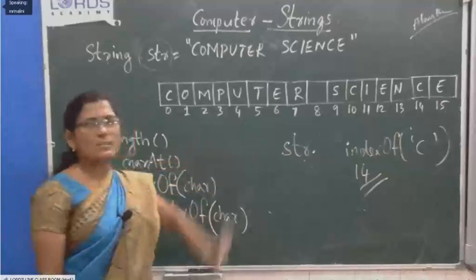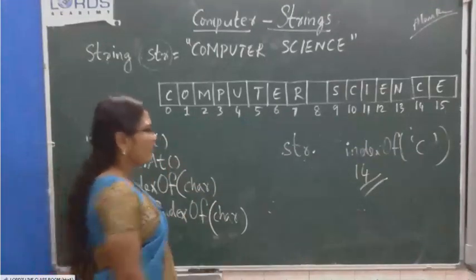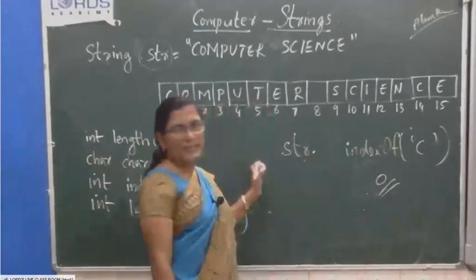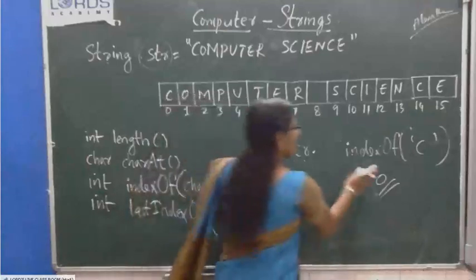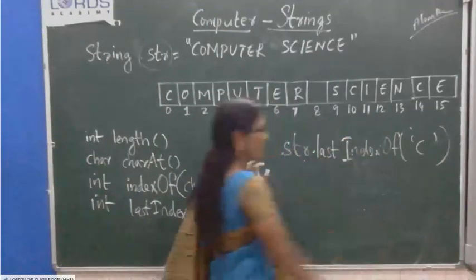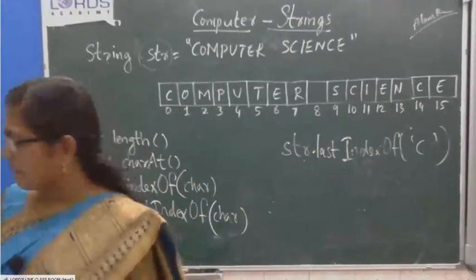So, if you simply give indexOf, the first occurrence's index number will be returned. You will get the output as 0. If you want to find out the last occurrence's index, use lastIndexOf. It will give you the last occurrence's index number.